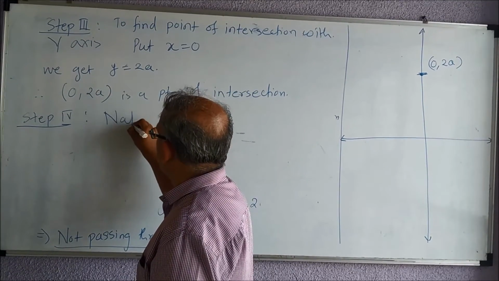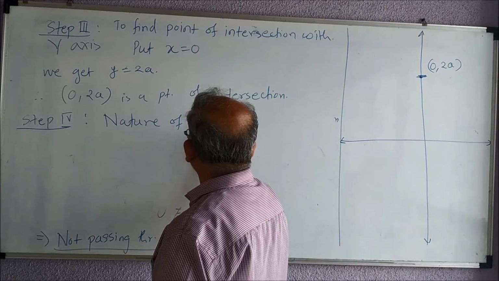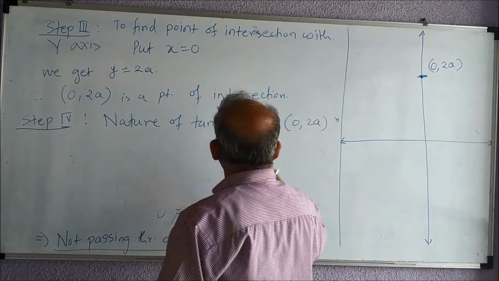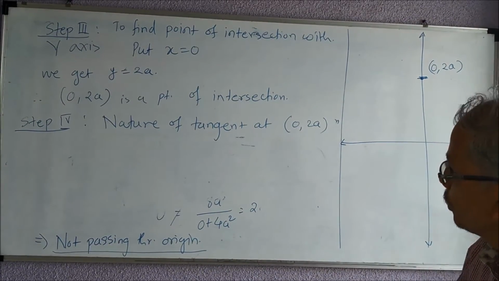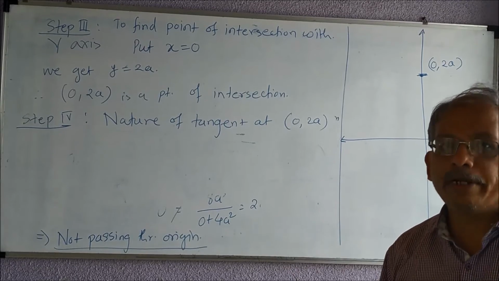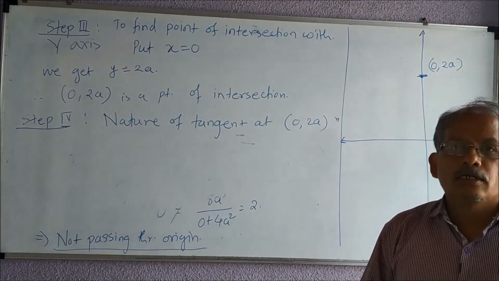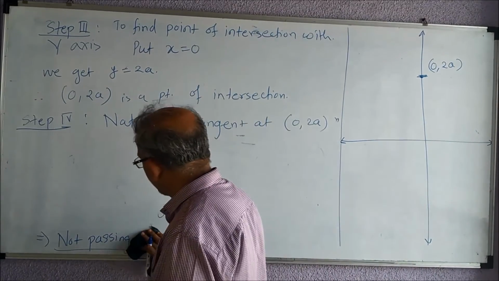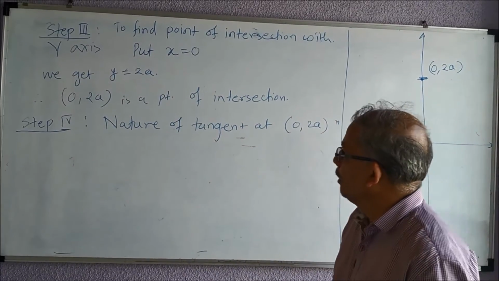Nature of tangent at (0, 2a). And how can you obtain this? Just differentiate the given equation with respect to x, get dy by dx and substitute this point. So we are actually interested in finding the slope of the tangent at this point.